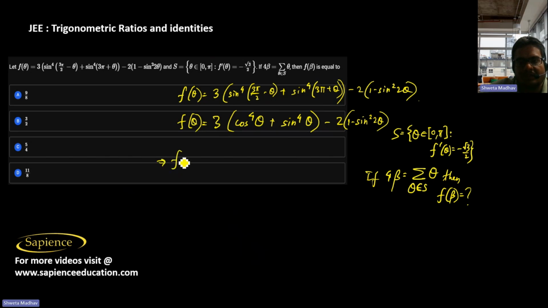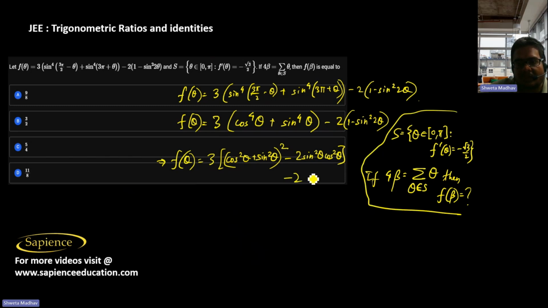Now we can slightly simplify it. So f of theta will be 3 into cos square theta plus sine square theta whole square, minus 2 sine square theta cos square theta, then minus 2 into 1 minus sine square 2 theta.